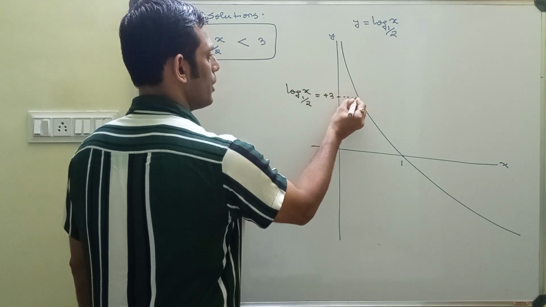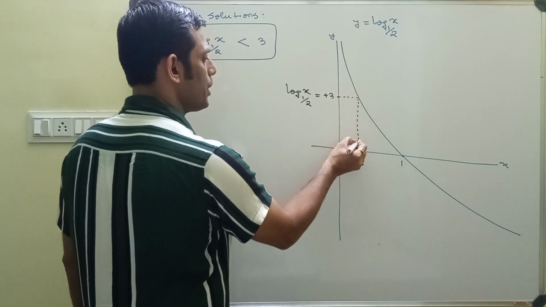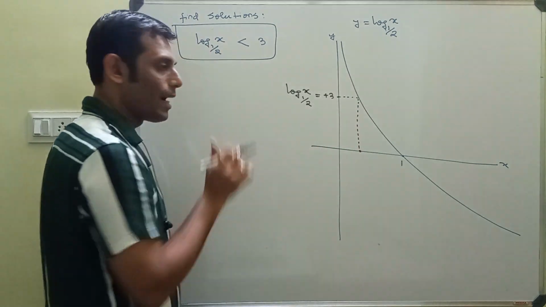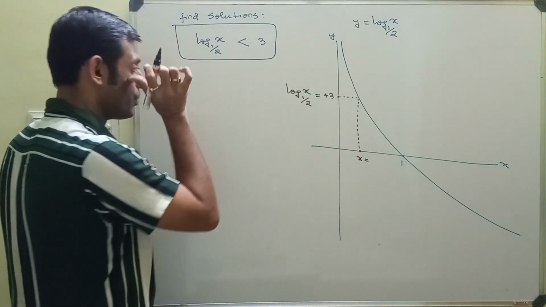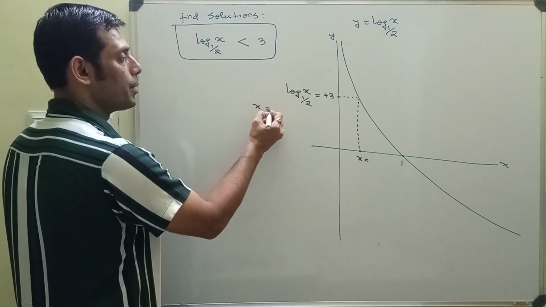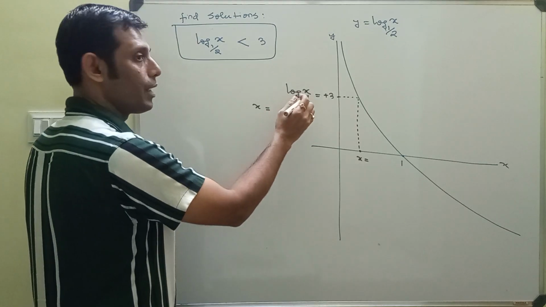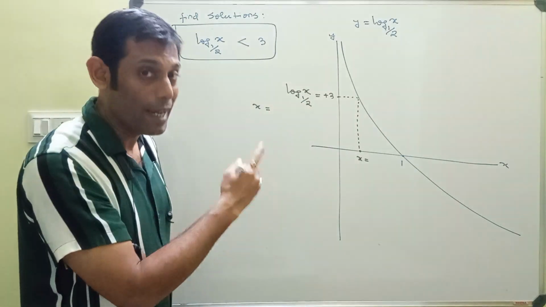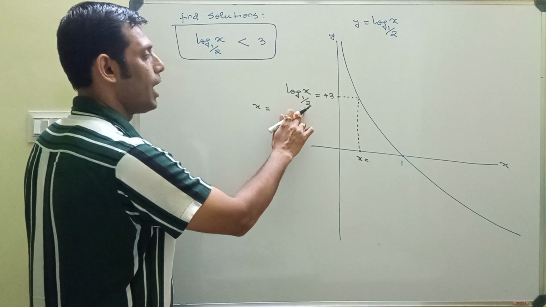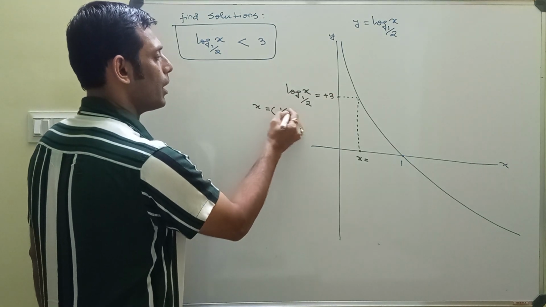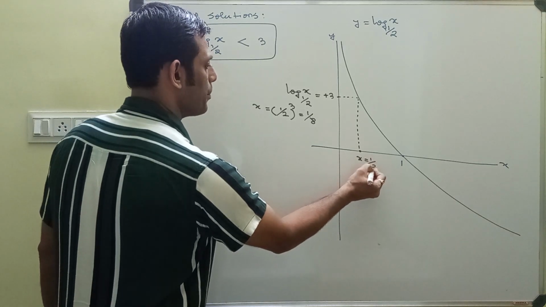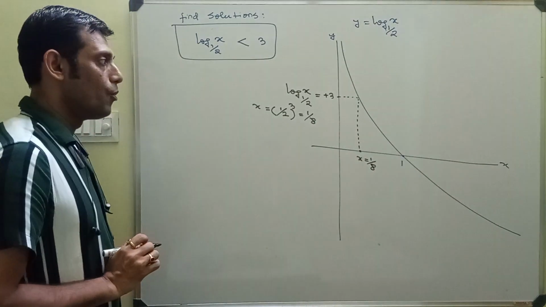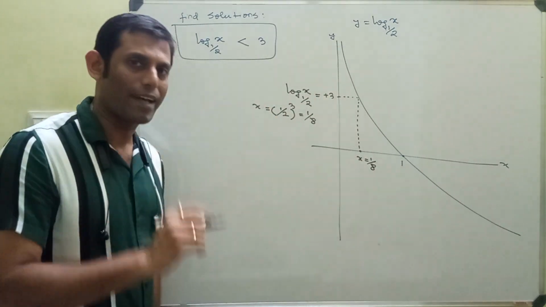At this level, you are at a certain corresponding point on the x-axis, and that position is x equal to how much? x equal to how much would be obtainable from the equivalent exponential equation. Half power 3. That means 1 by 8. This is 1 by 8 as a position where log value is equal to exactly 3.